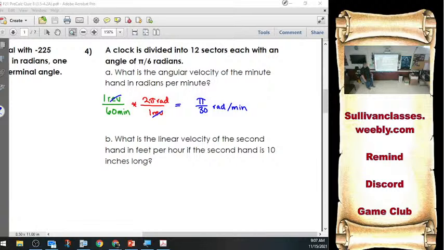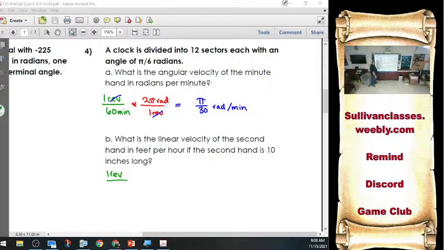What is the linear velocity of the second hand in feet per hour if it's 10 inches long? What do you know about the second hand? How about one revolution is equivalent to what? 60 seconds.